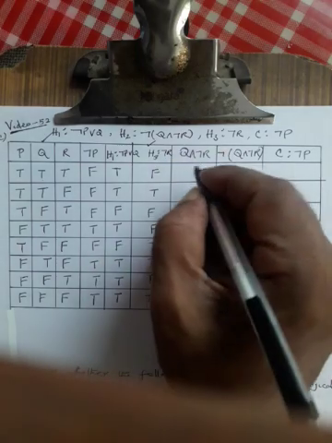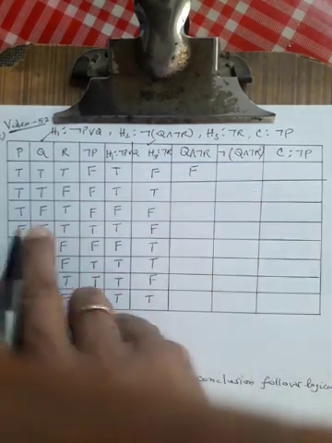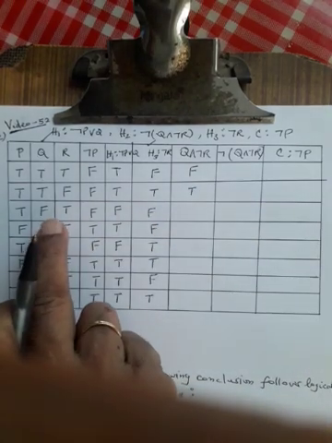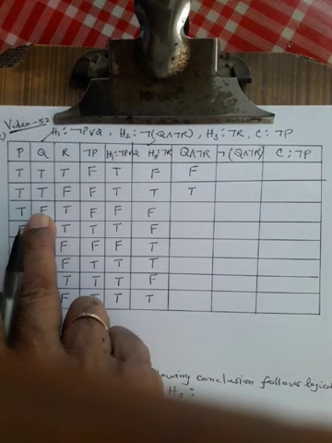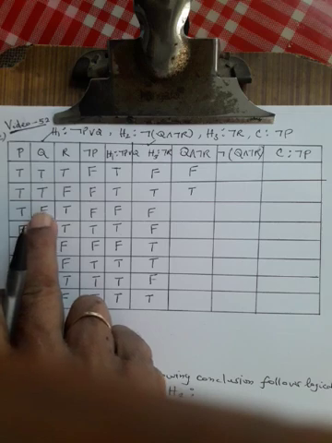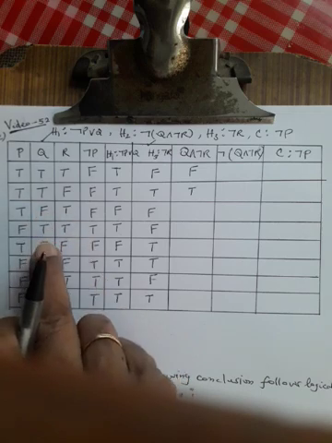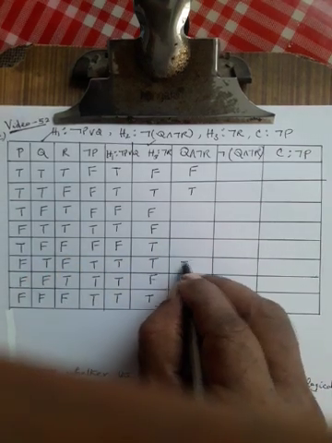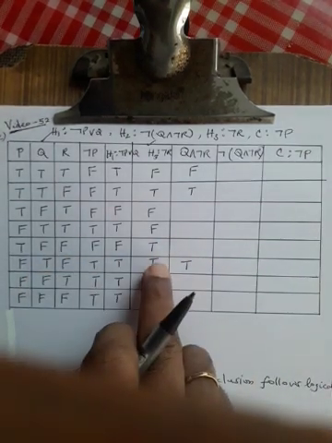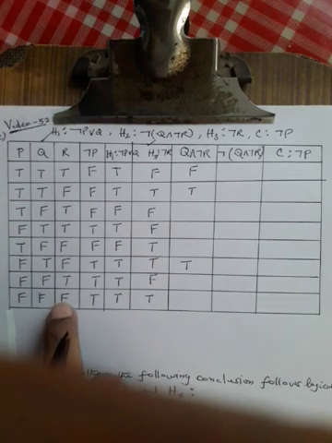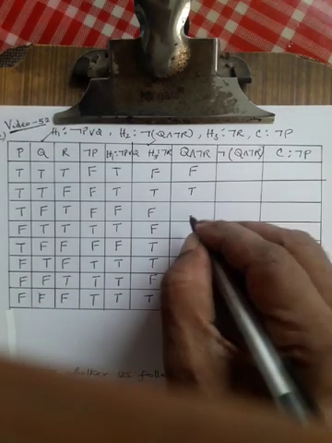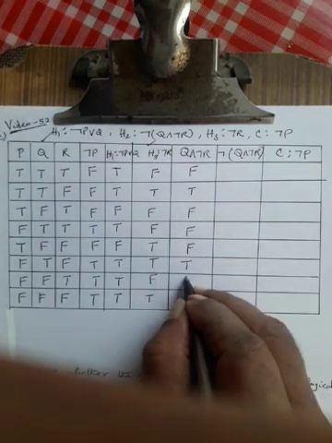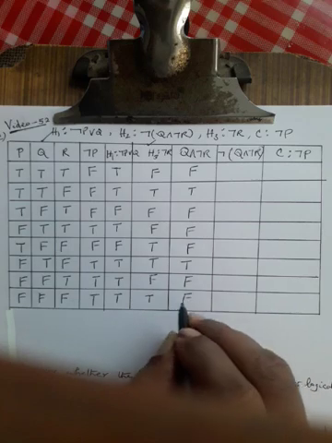And, TF is F. And then T is T. Check where both are T. If both are T, only T will come. Here F is there. And then TF, FT, TT, here it is T. Both are T. And then FF, and then FT. So the rest of them are all F.